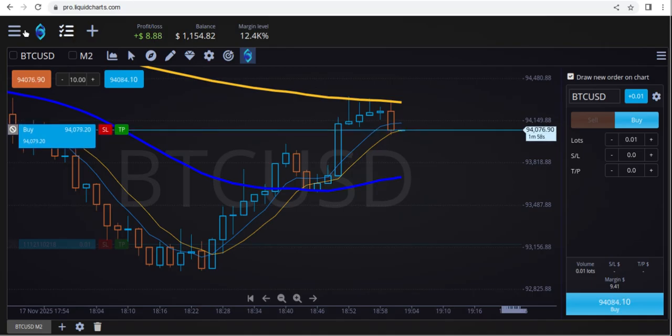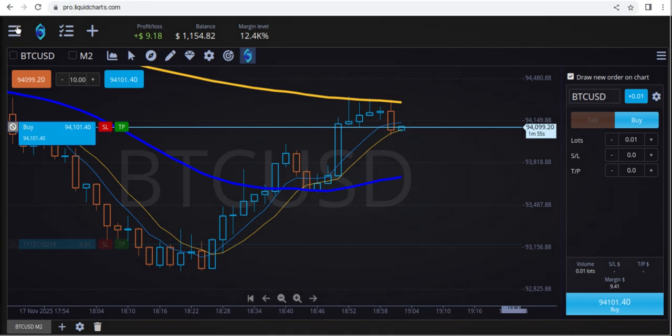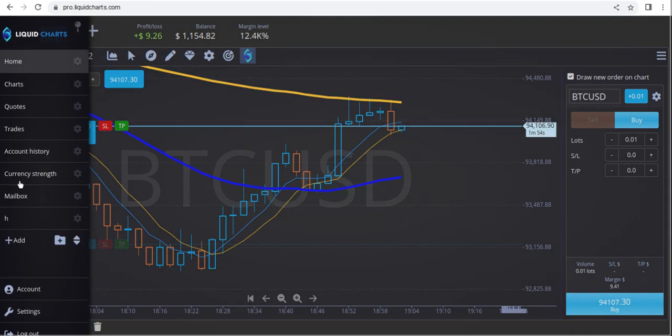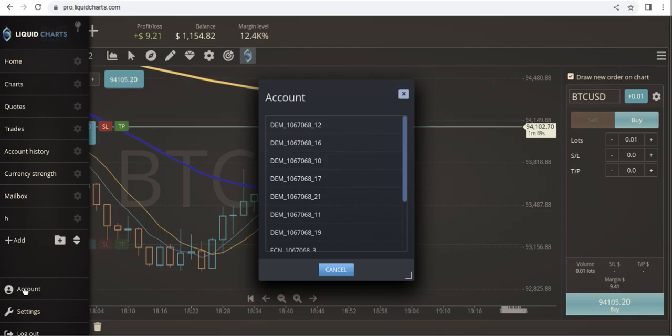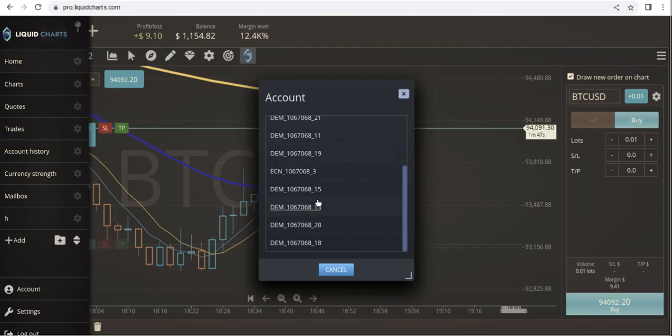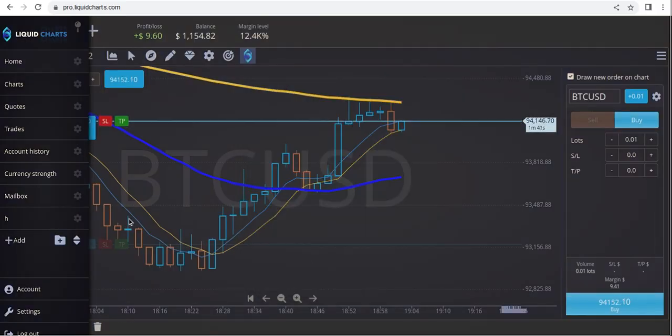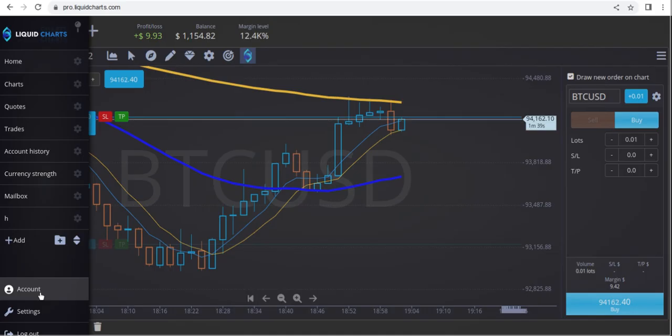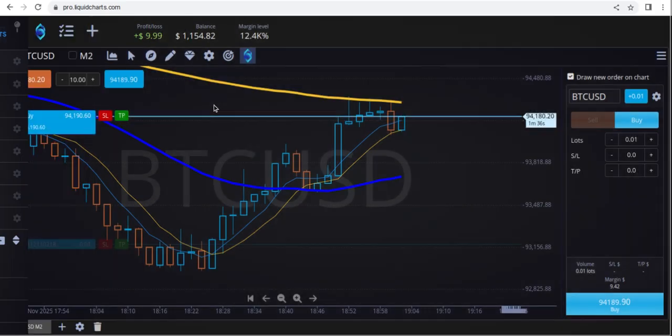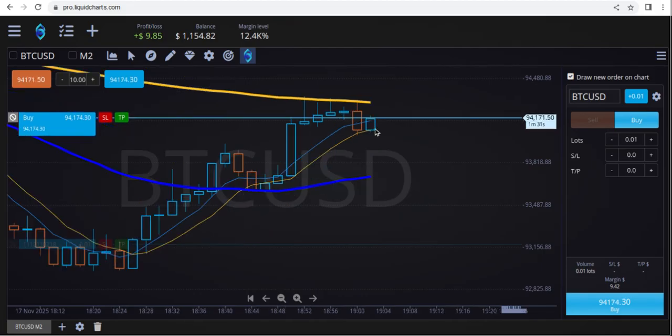Let me see something. Remember I said this is a demo account. Let me show you something. I don't want to get confused because I don't remember what demo account I'm on right now. What I was gonna do is go to my real account and show you that the market is the same movement.